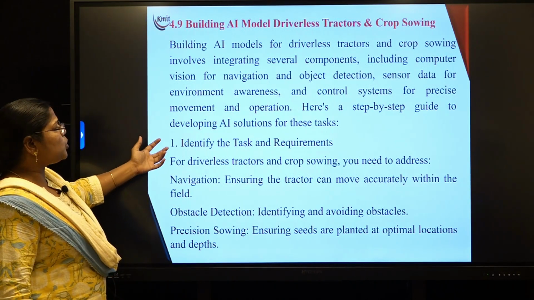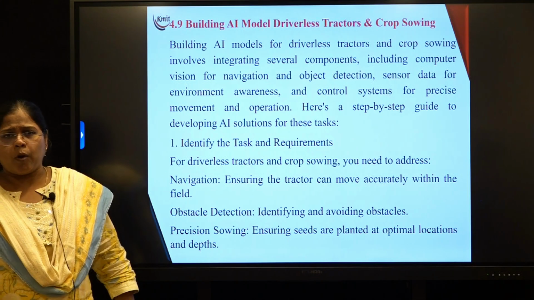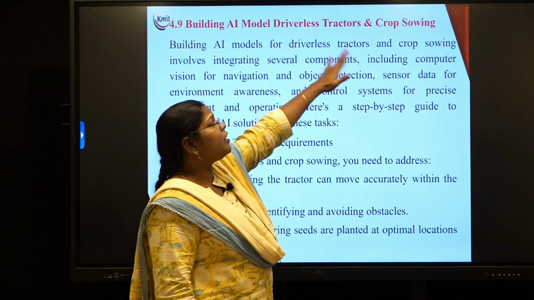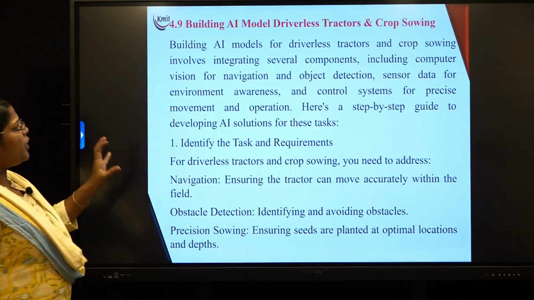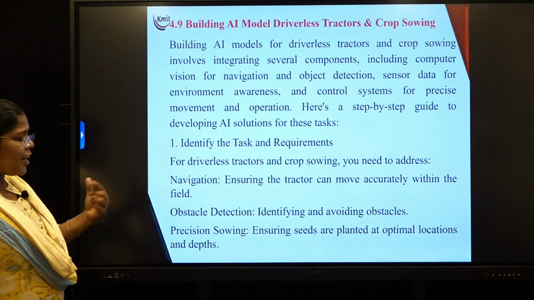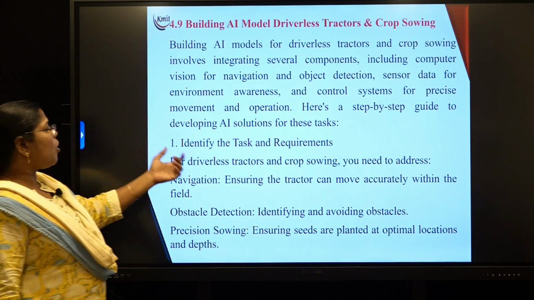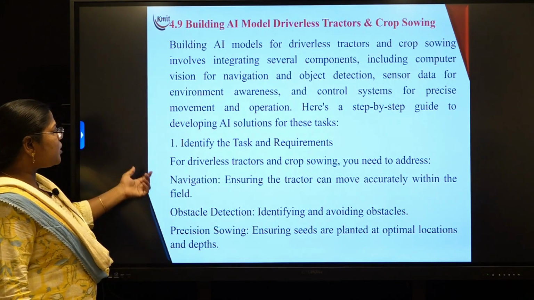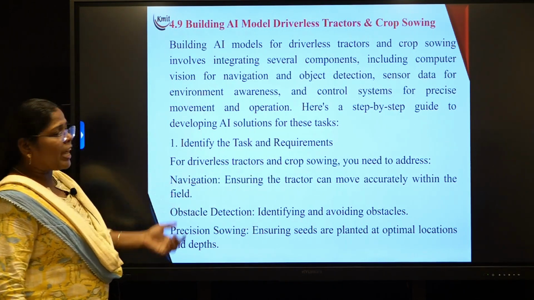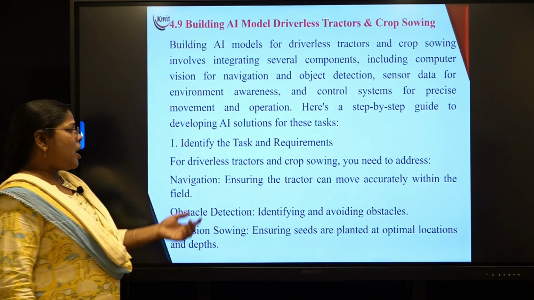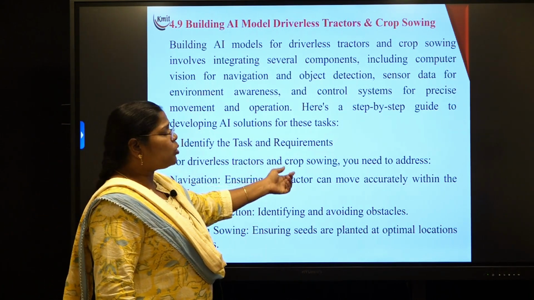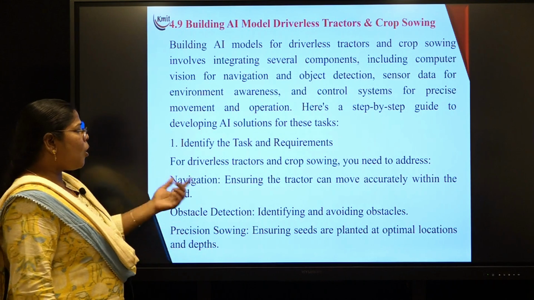The first one is to identify the task and the requirements. What are the tasks that we have to do in the driverless tractor and for crop sowing? When we want to design, first we have to identify the problem statement or the tasks and the requirements. For designing driverless tractors and crop sowing, navigation is very important: how to navigate the driverless tractor and how to sow the seed or the crop.